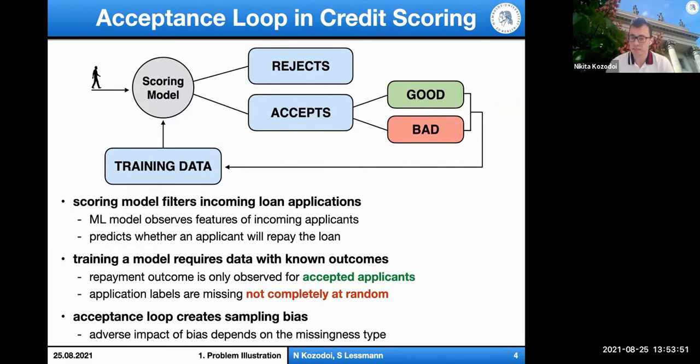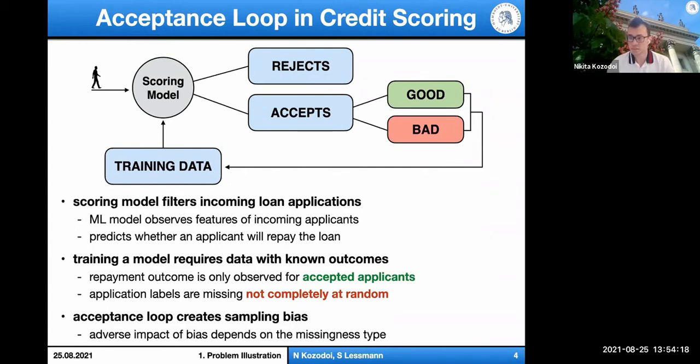But if the data is missing not at random, in other words, if our acceptance policy is not stable in time and there are big changes, for example, with the data that is supplied by different providers, or if we have overriding procedures where a credit officer overrides decisions of a scoring model based on some other attributes not seen to the scorecard, then we might have a much bigger problem.